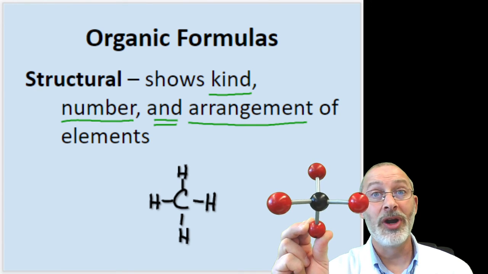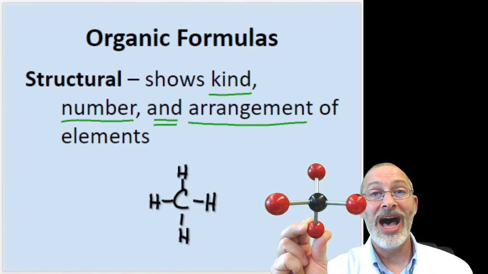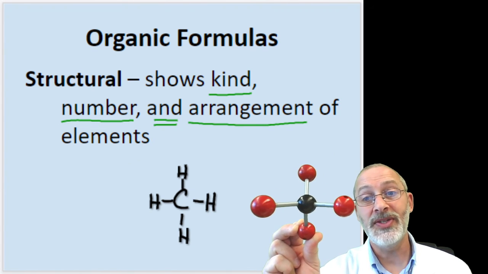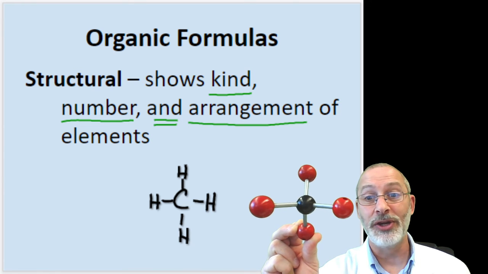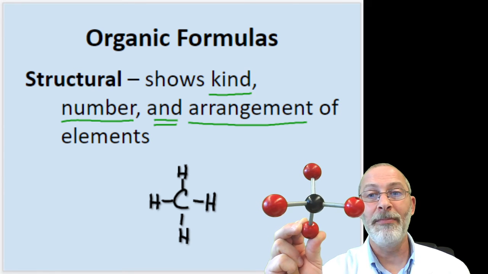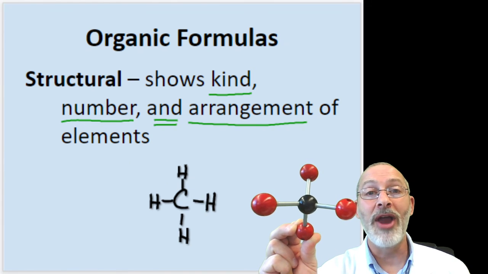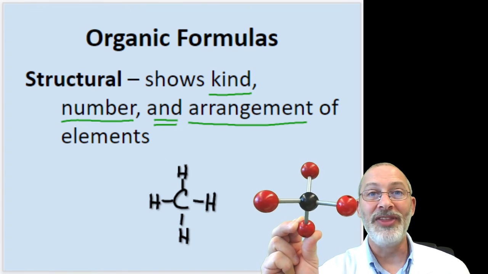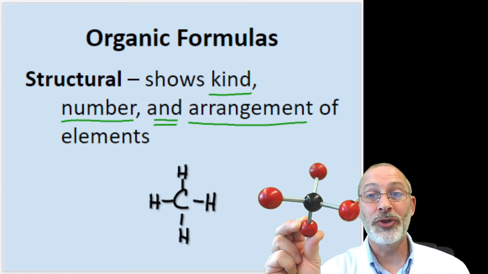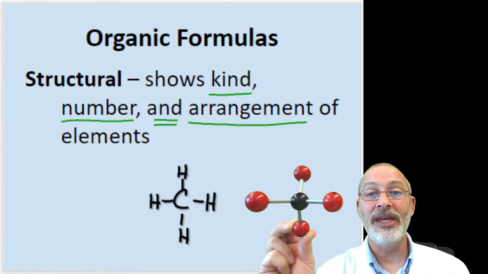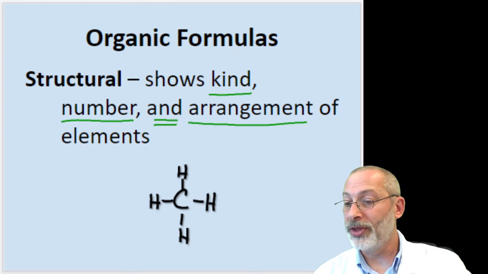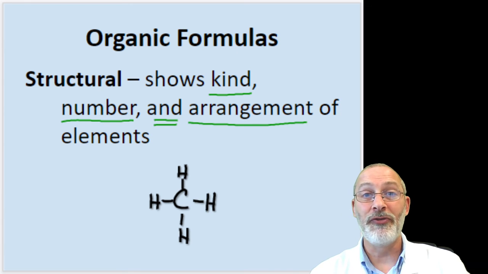We've got the 4 lines coming out from the carbon atom attached to hydrogen atoms, in this case represented by the red spheres. And notice the similarity in shape. We can see the arrangement of the elements with this 3D model as we illustrate it with the structural formula on paper.